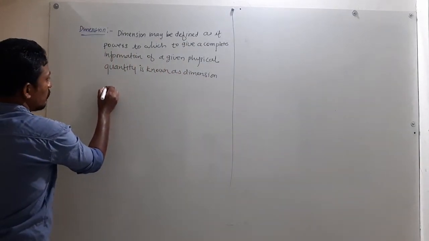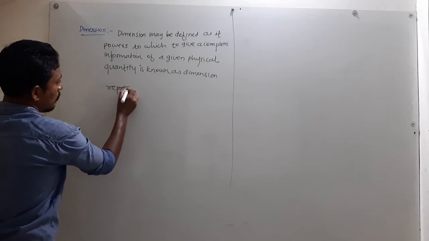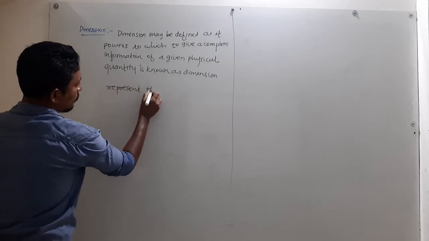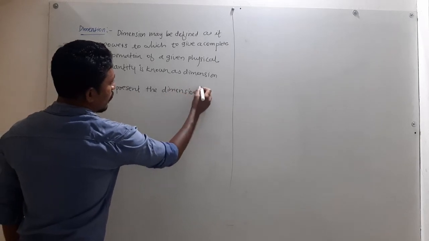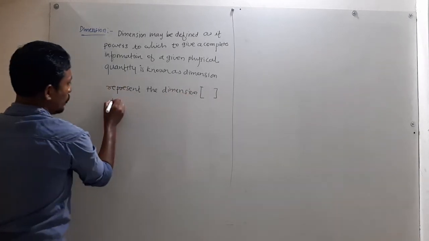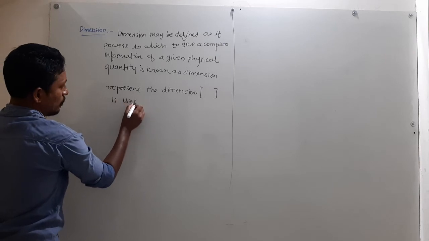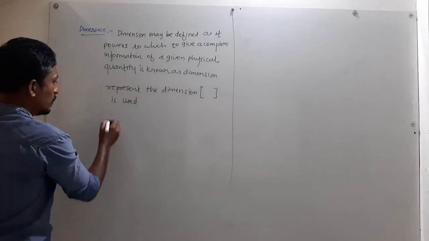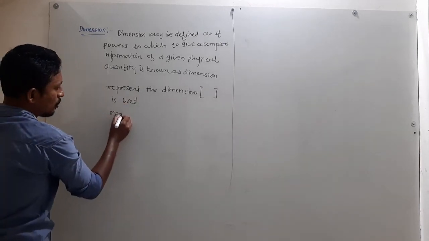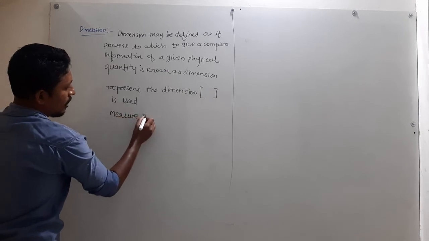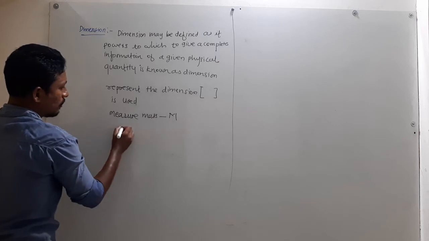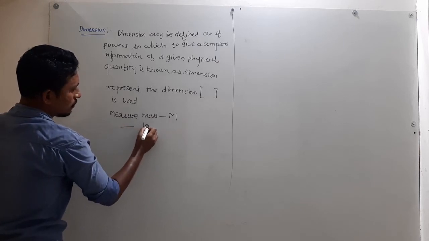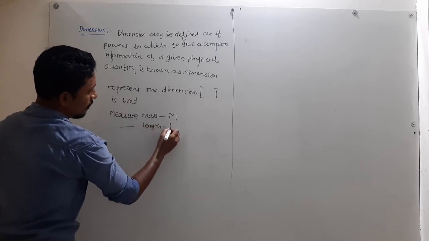To represent the dimension, the square bracket is used. To measure mass, capital letter M is used. To measure length, letter L is used.